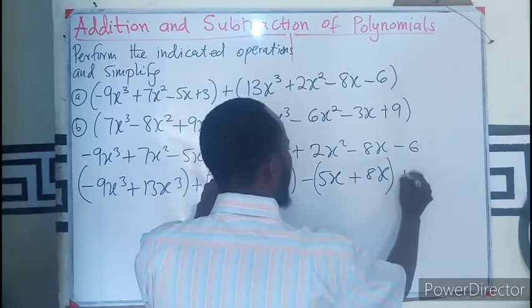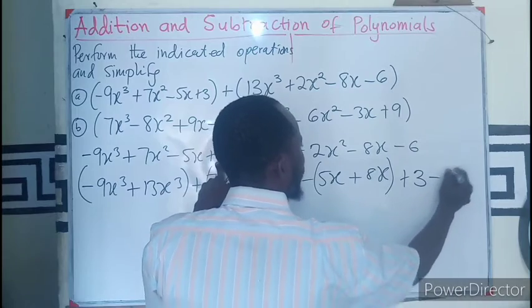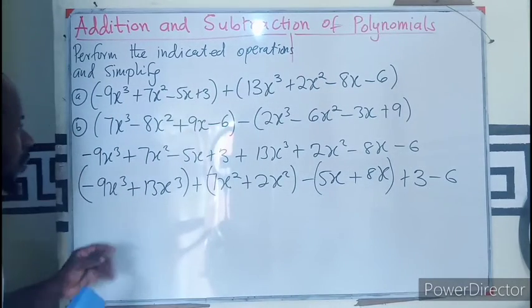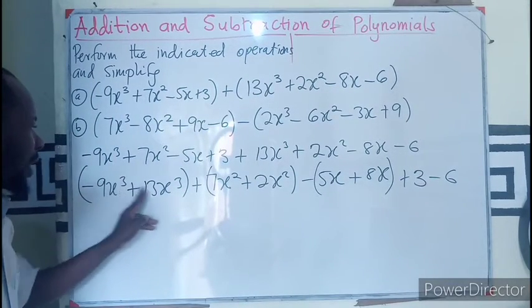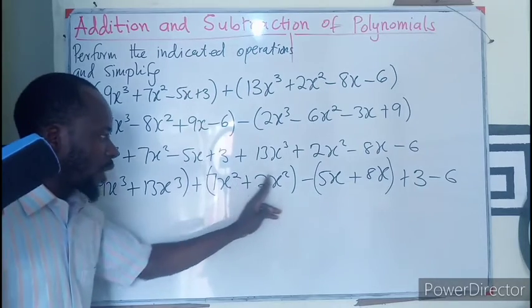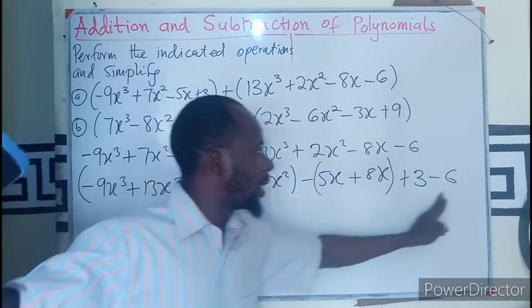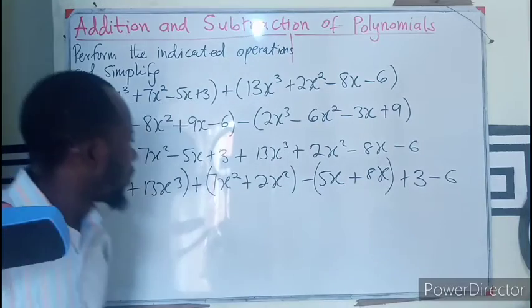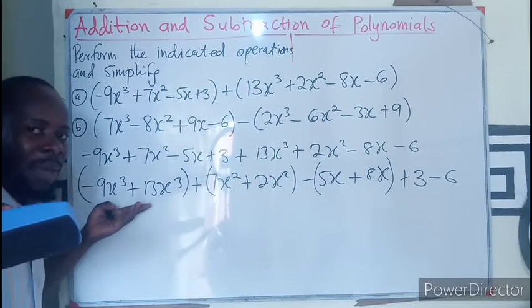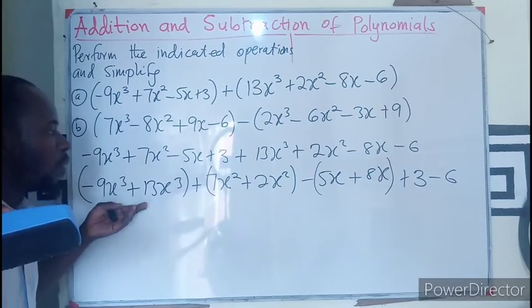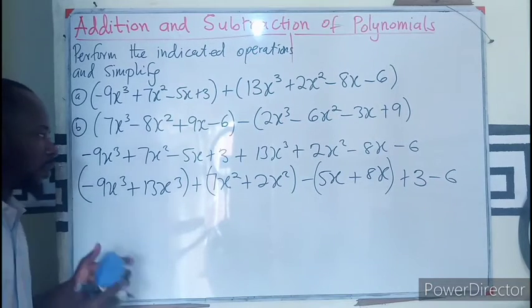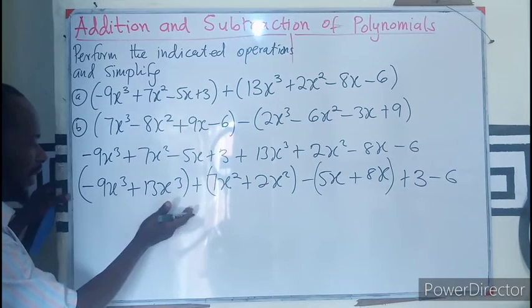Then I have plus 3 minus 6. So you can see that x to the power 3 terms are in one bracket, x to the power 2, x to the power 1, then the constant. We can also go ahead and perform our subtraction or addition, or we can still find out what we have as factorization.